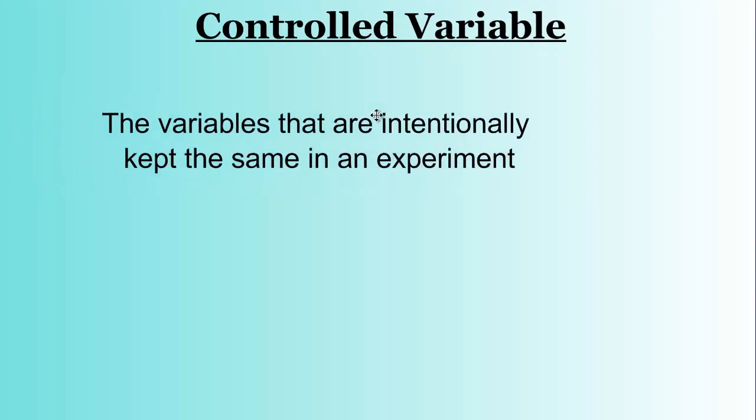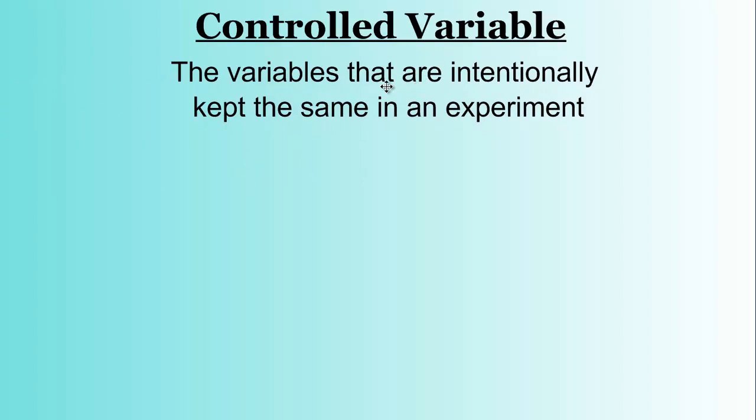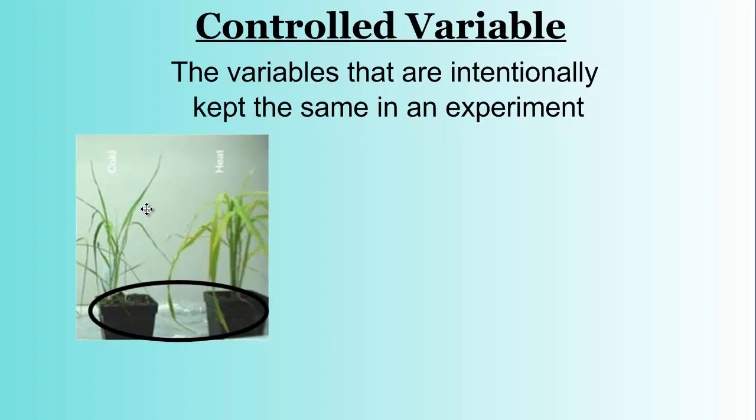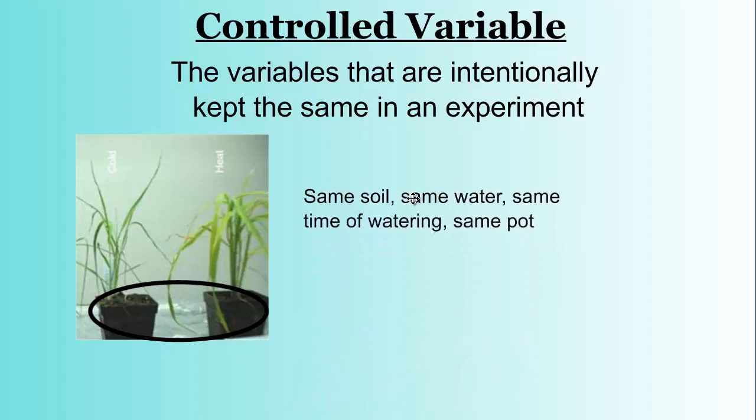The final variable you'll be putting on your sheet will be what we call controlled variables. These are the ones that we intentionally keep the same across our experiment. Using our plant experiment that we've shown you so far, here's the one where we grew it in the hot and the cold, but there are other things that we had to keep the same so that we know that our results are going to be valid.